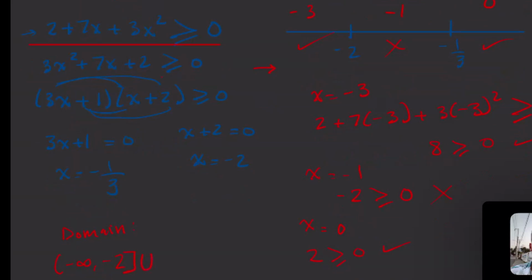And then the inequality here is greater than or equal to, so these values are included in your interval notation. Now, any value between negative 2 and negative 1/3 is excluded. So now I start with negative 1/3, which I included, all the way to infinity. Infinity signs always get parentheses.